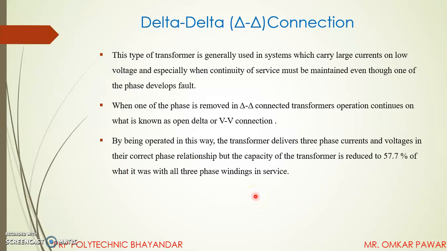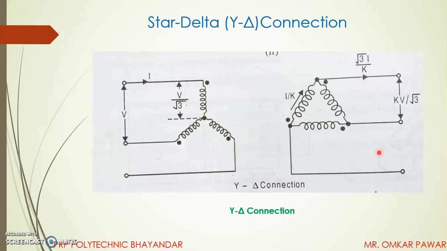If all three phase windings are in operation, then it provides 100%. But if one of the phase windings is removed, then it has a capacity to provide a supply power of 57% of total capacity.